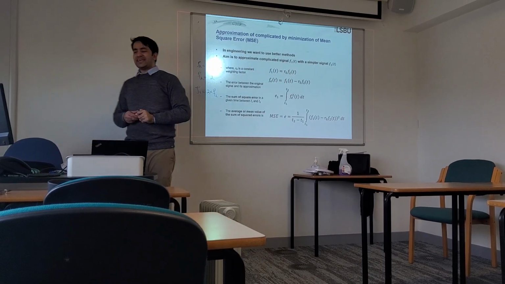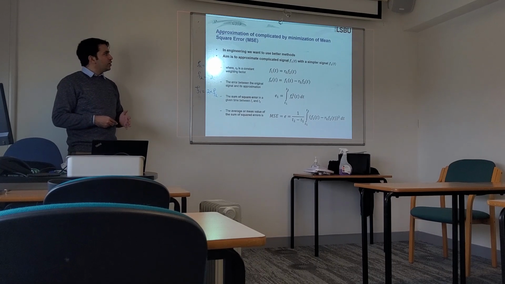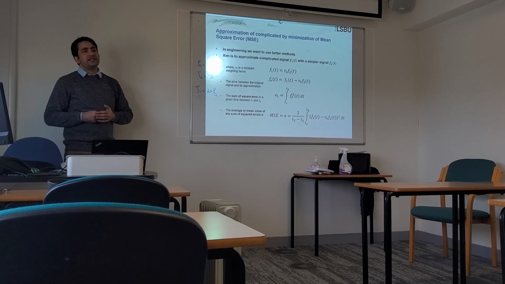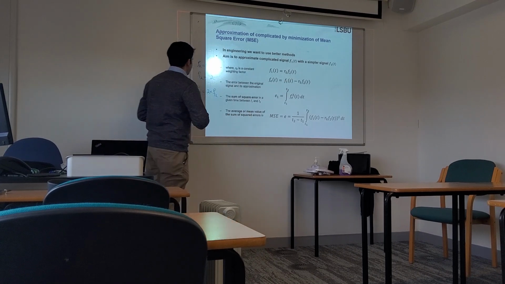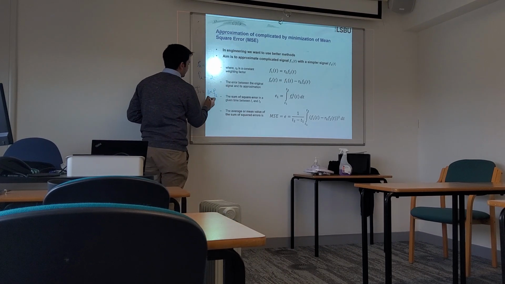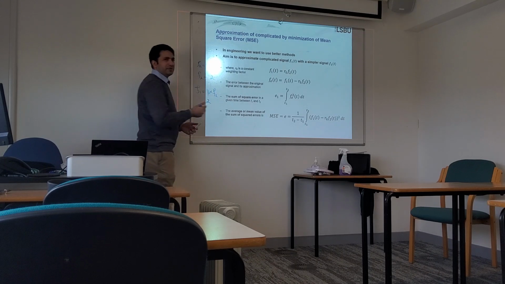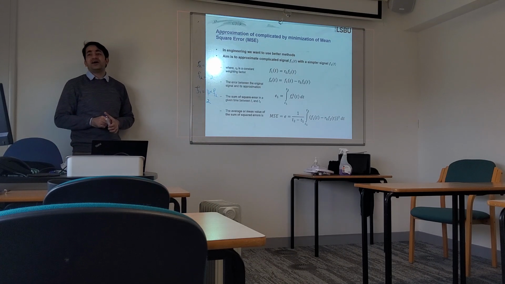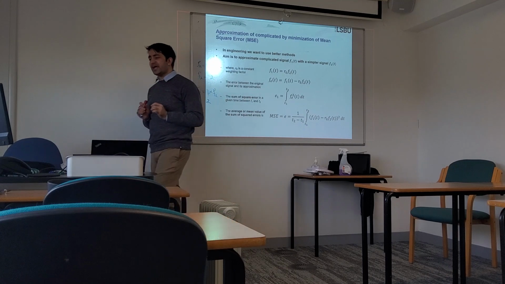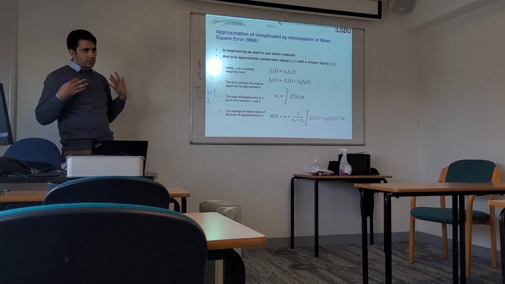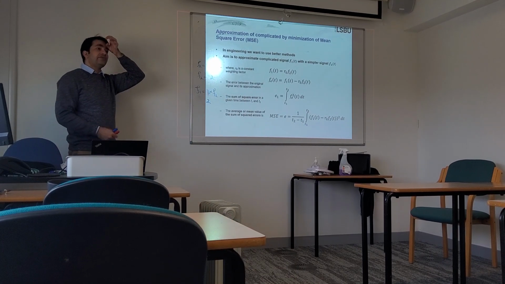So who will be responsible for the accuracy? This r naught, right? If, for example, I selected this r naught as 1, this will result in 2, so it is not approximating the function accurately. So the whole thing lies in r naught, which means we have to find r naught using some method, and we'll see how.